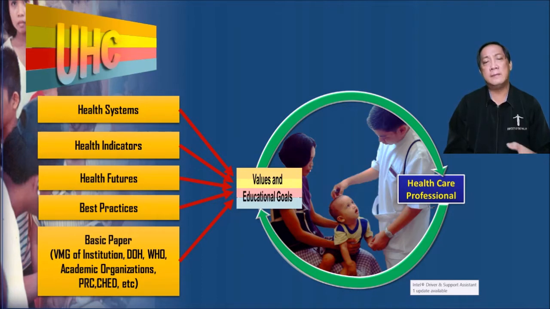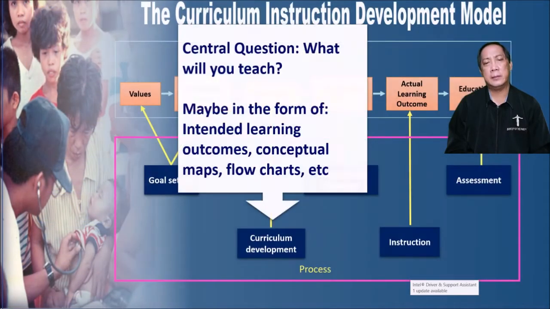And these values we know would help us define who or what a healthcare professional should be. And after we've done that, of course, we go to identifying the more specific learning outcomes.